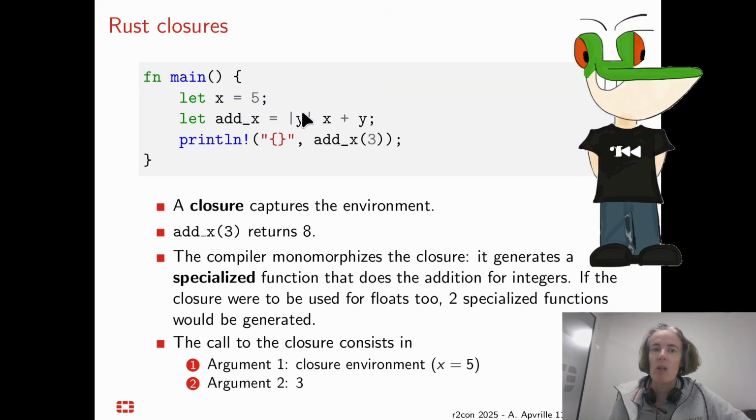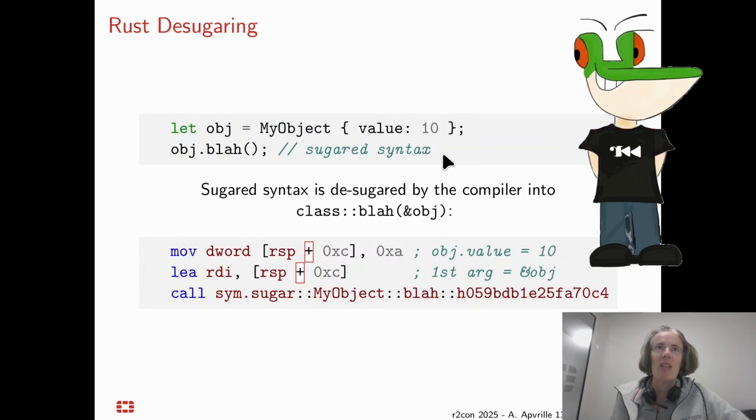So when we call our closure over the argument 3, it does 5 plus 3 and returns 8. Now, when the compiler sees this closure, it is actually going to create a function and monomorphize the closure. To understand what that is, I'm going to go back to monomorphism.